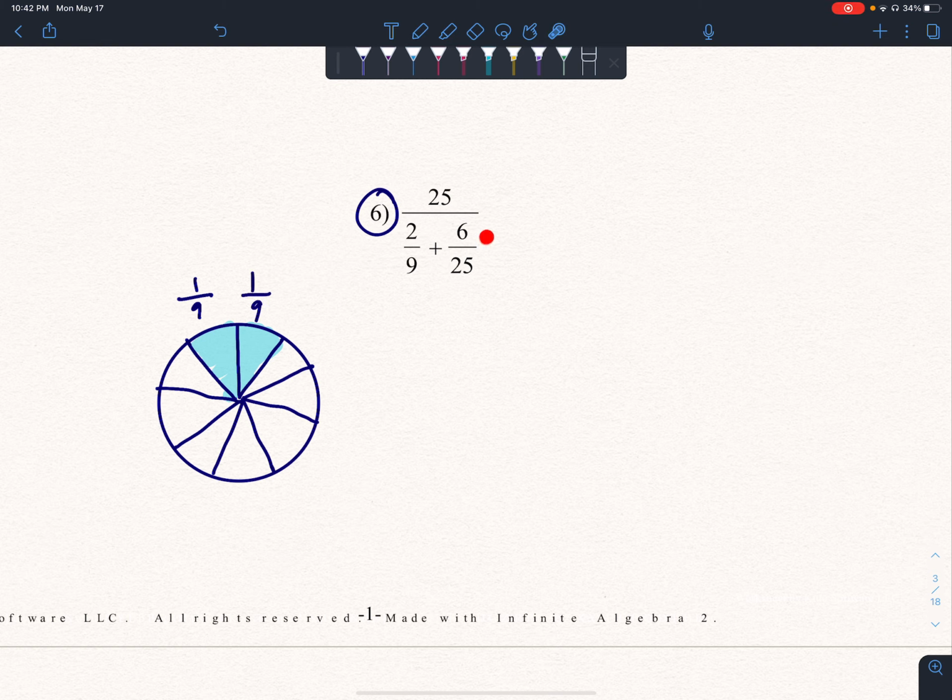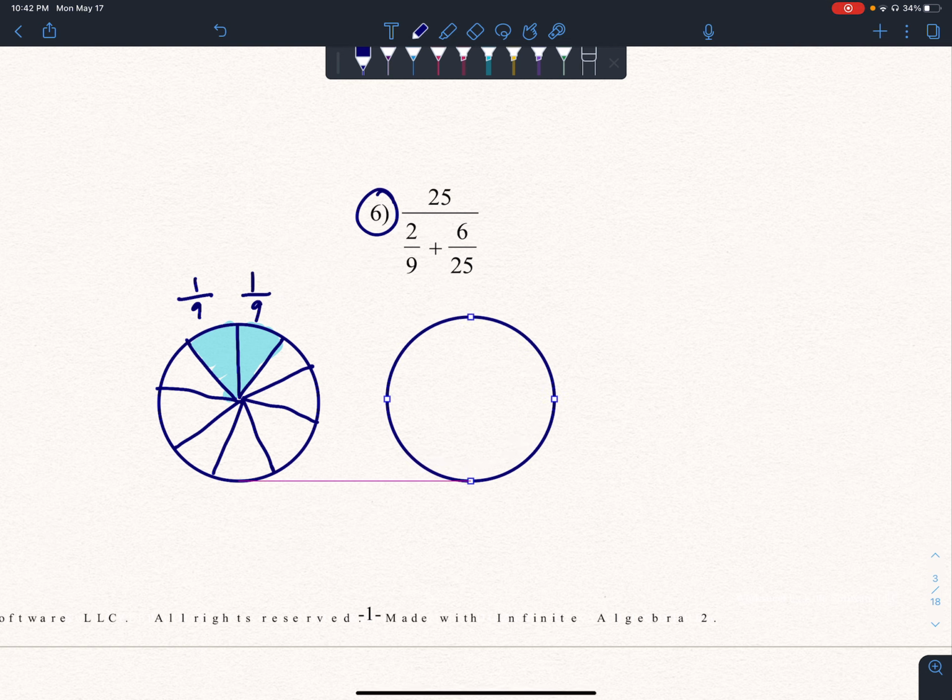Okay, and then this fraction, 6 over 25, which I'm not going to draw, or we can kind of guesstimate what one slice would look like. It might look something like this. So the size of this is completely different than the size of this.